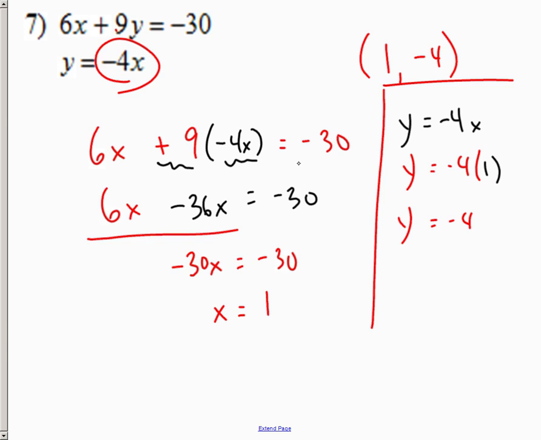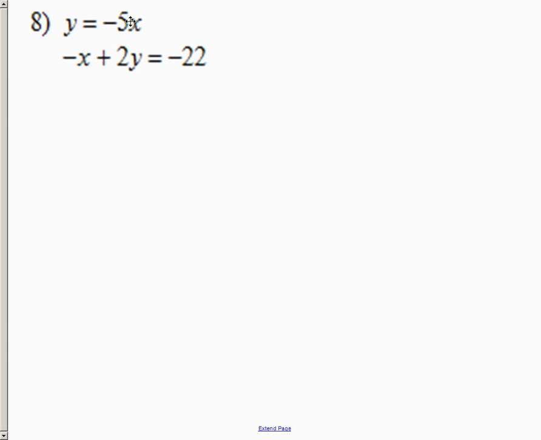And here's the very last one I wanted to show you. y equals negative 5x. This time they gave it to us with an isolated variable on the first equation. So where this y is, I'm going to replace it with that negative 5x. So negative x plus 2 times negative 5x equals negative 22. Let's do this right here.